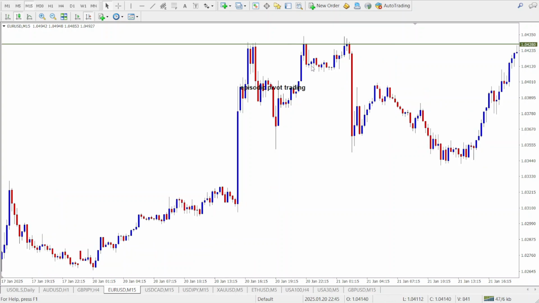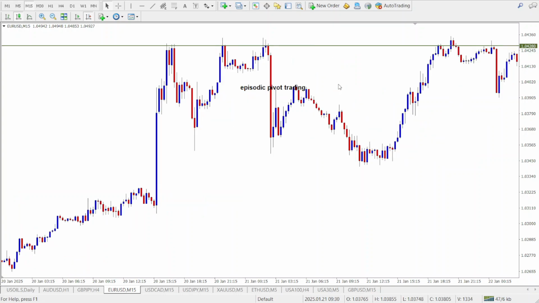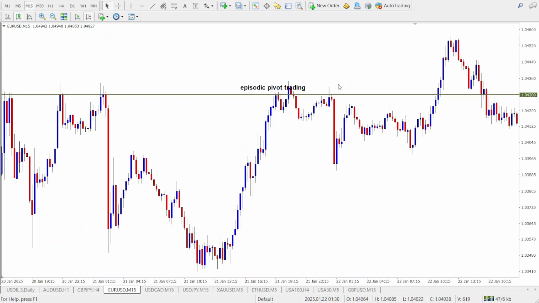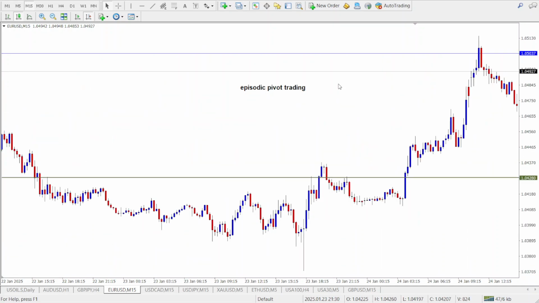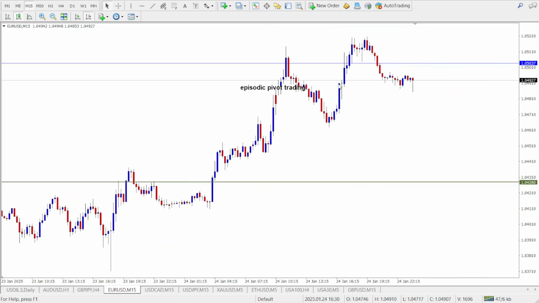Unlike traditional pivot points that are calculated based on previous highs, lows, and closes, episodic pivots add a time dimension to the equation. These time-based pivots allow traders to see how market sentiment shifts during specific periods, whether it's daily, weekly, or even hourly episodes. By analyzing these pivots, you can better understand the market's rhythm and anticipate potential price movements with more precision.